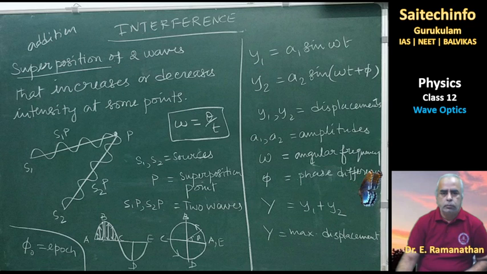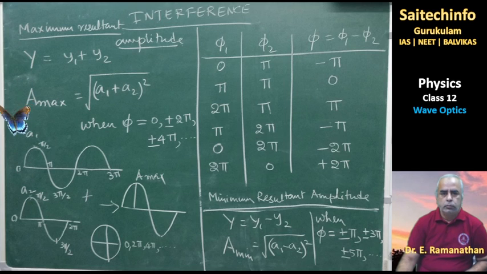Now we are talking about the net displacement, total displacement. So let us have y. So this is the positive displacement. If we take this as a positive interference, so y1 plus y2. If it is negative, y1 minus y2. Got it? Interference.